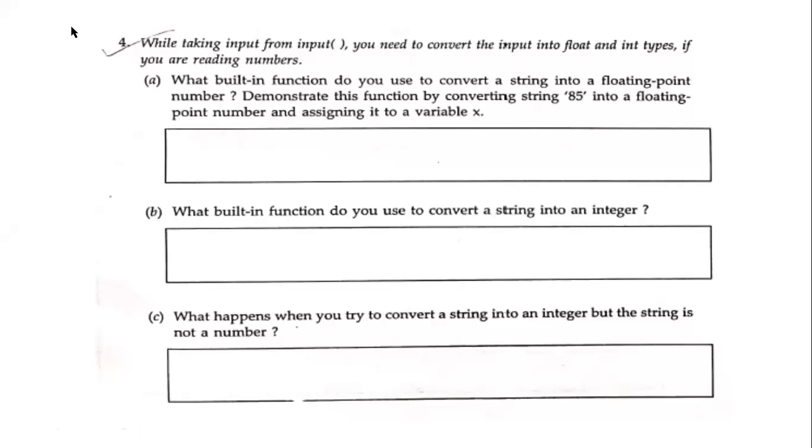Let's fill in the answers. What built-in function do you use to convert a string into a floating point number? Demonstrate this function by converting string 85 into a floating point number and assigning it to a variable x. So let's look at the question in two parts. What built-in function do we use to convert a string? We use the function float.